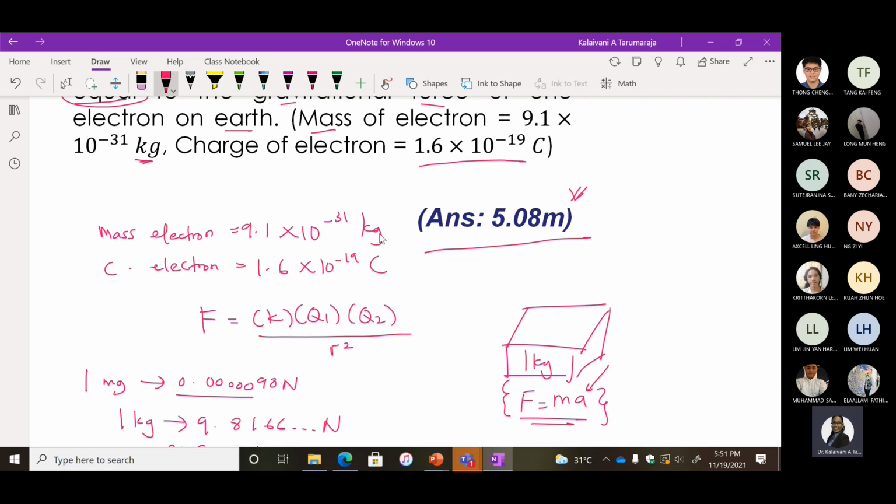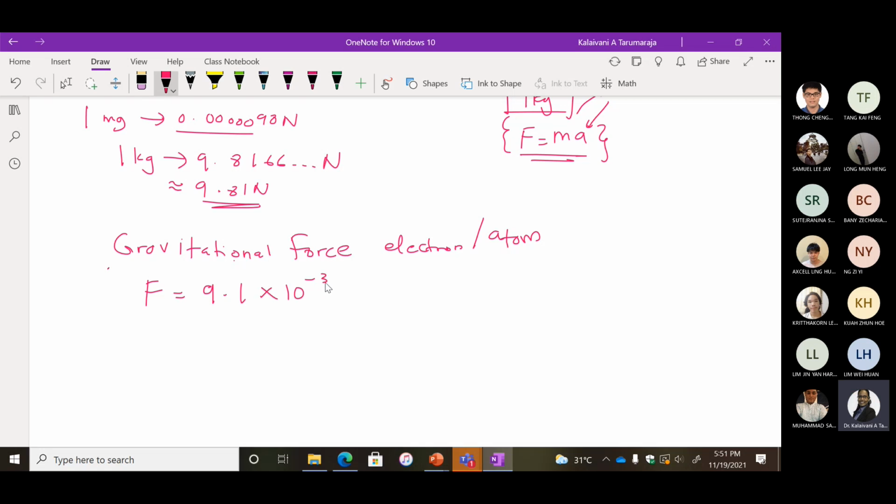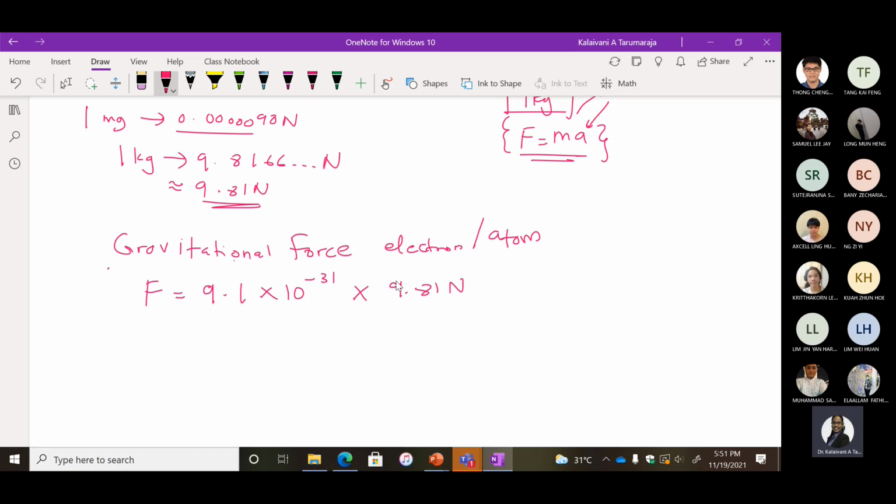I need to convert it to Newton, so this is 9.1 times 10 to the power of minus 31 times 9.81 Newton. Take note, I need to convert the kilogram into Newton because we always measure force in Newton.